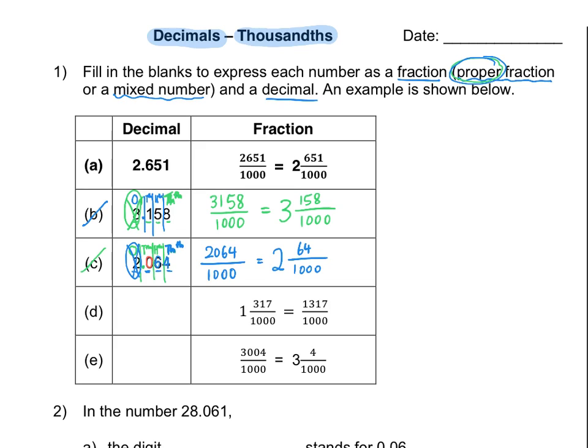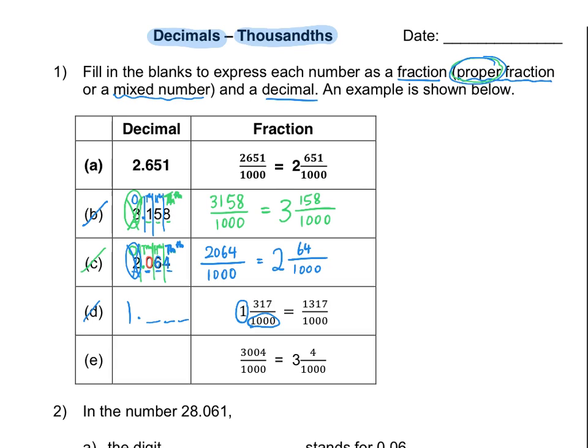Let's go on to look at part D. Now for part D, you are given a fraction and you're supposed to write a decimal. Since we are given 1 whole, we know that it is 1 point something. Notice that it is out of 1,000, so there should be 3 decimal places.